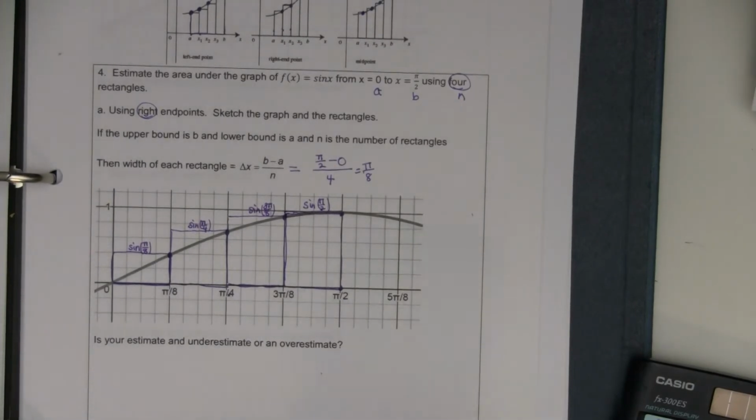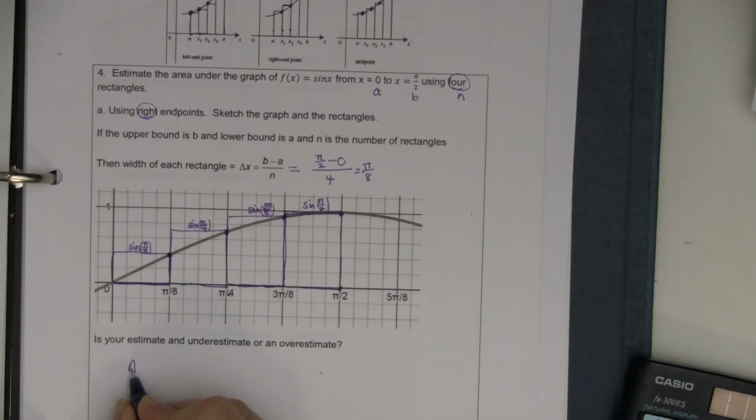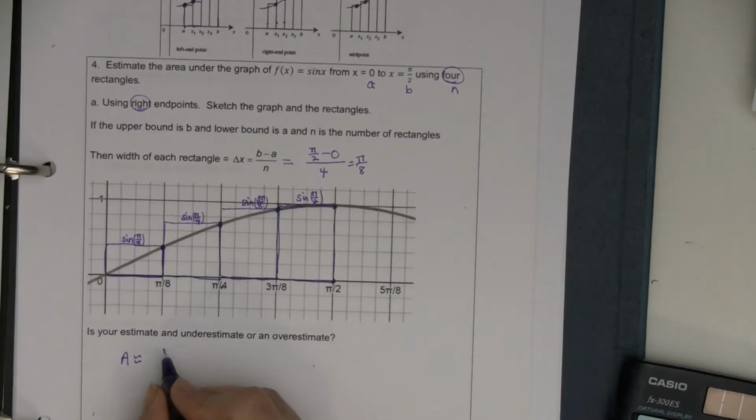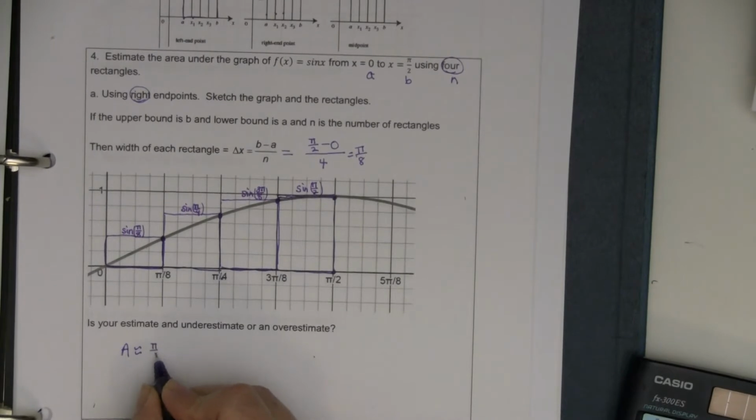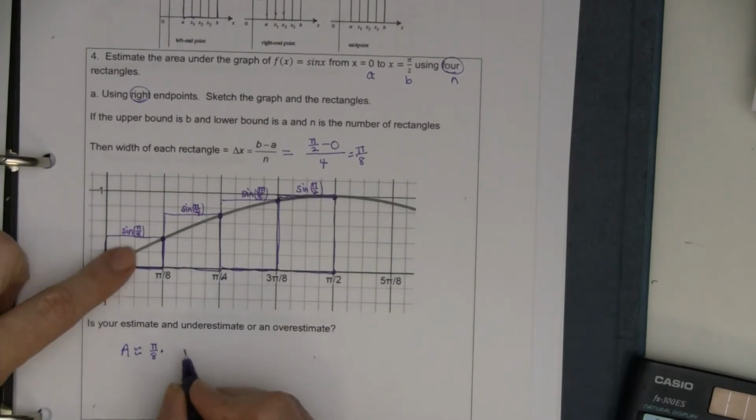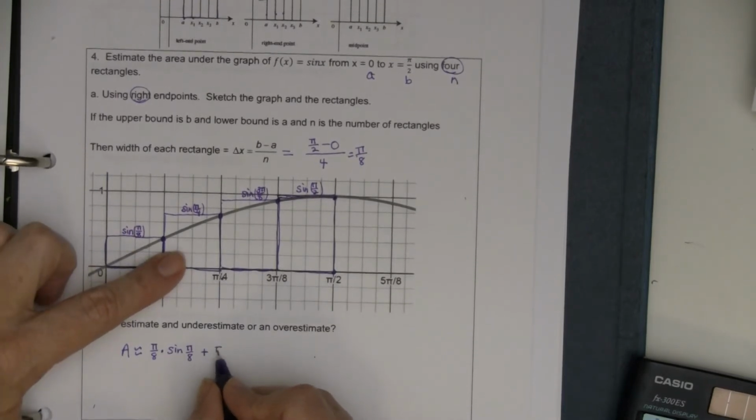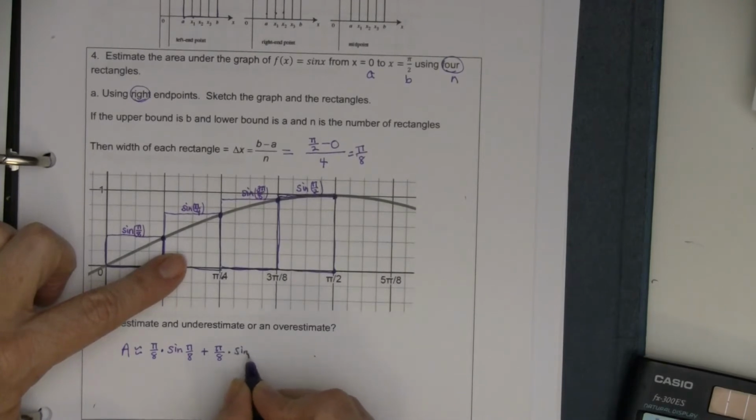And so now what I would do for each of my rectangles to find the area, this is approximately the area under the curve, is I would multiply pi over 8, how wide it is, times how tall it is, sine of pi over 8. And then plus, I would multiply how wide it is times how tall it is, sine of pi over 4.